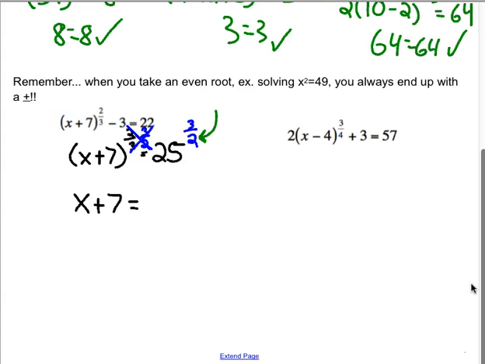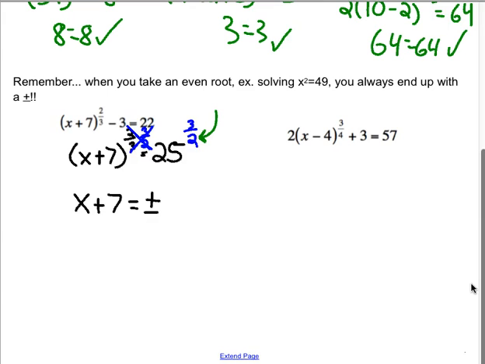Okay, so by using this power, again, if I am square rooting in this equation, that means I'm going to end up with that plus minus relationship. Okay, so that's the little nuance you have to remember to this. Is whenever you're taking a fractional exponent, you're using it, and the bottom is even, you're taking an even root. And that means you're going to ultimately need your plus and minus.